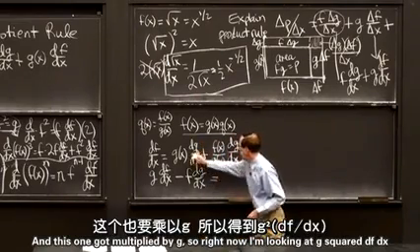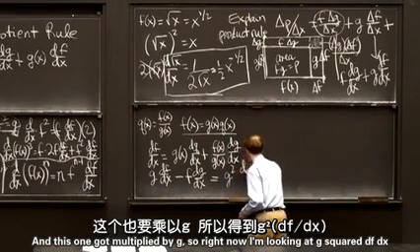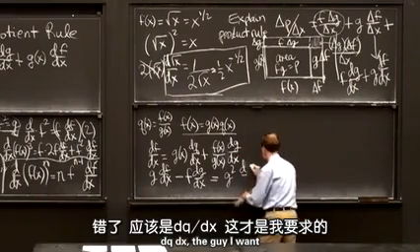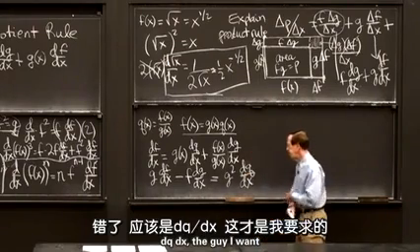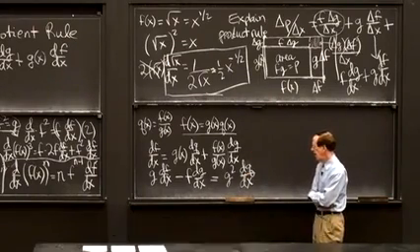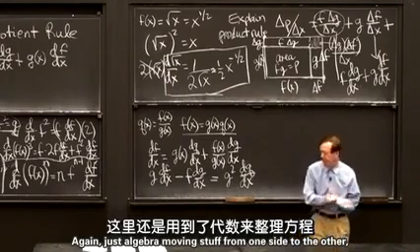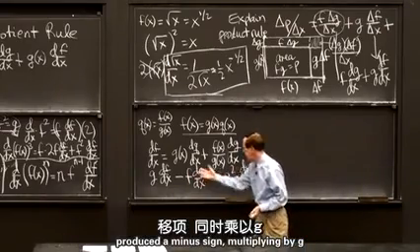And this one got multiplied by g, so right now I'm looking at g squared dq dx, the guy I want. Again, just algebra. Moving stuff from one side to the other produced the minus sign, multiplying by g.